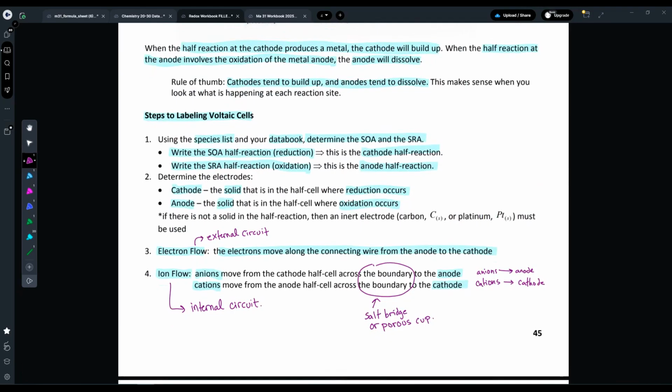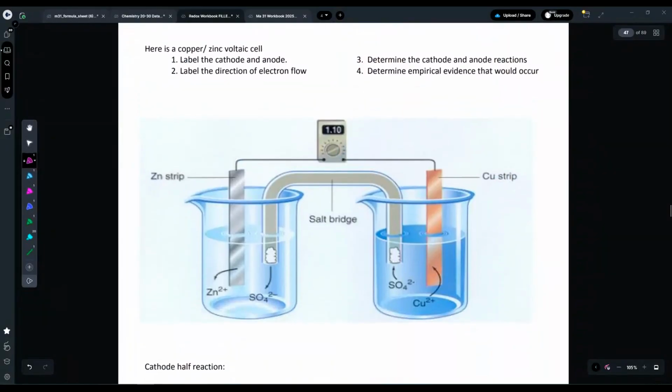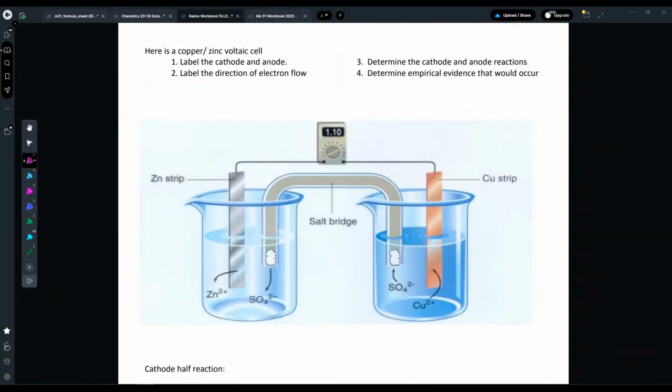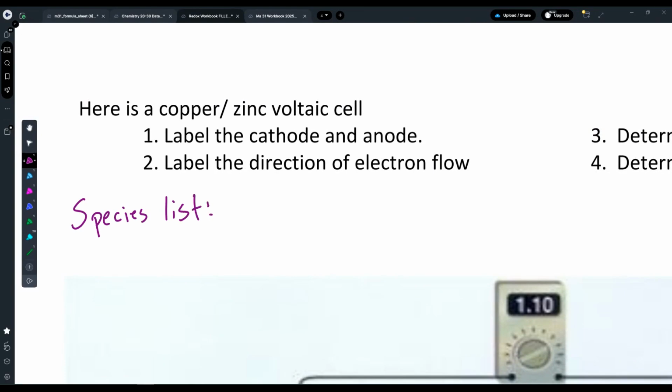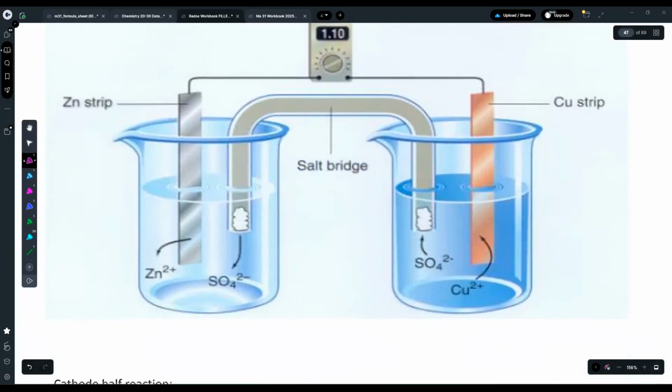So we need to figure out what our species list is. Let's look here and see what we've got. It looks like we have zinc solid and zinc 2+. Zinc solid right here, zinc 2+ right there, and ions are always aqueous.